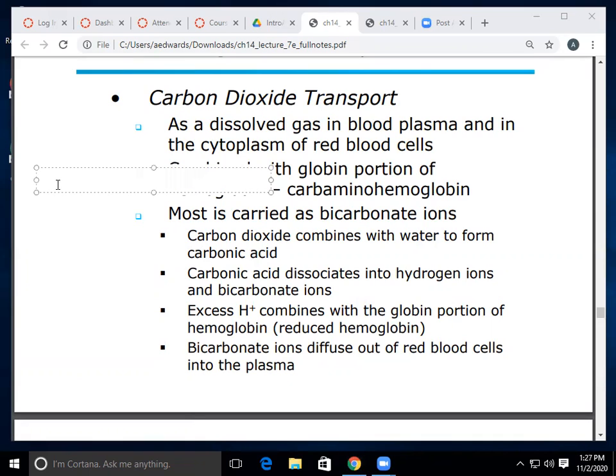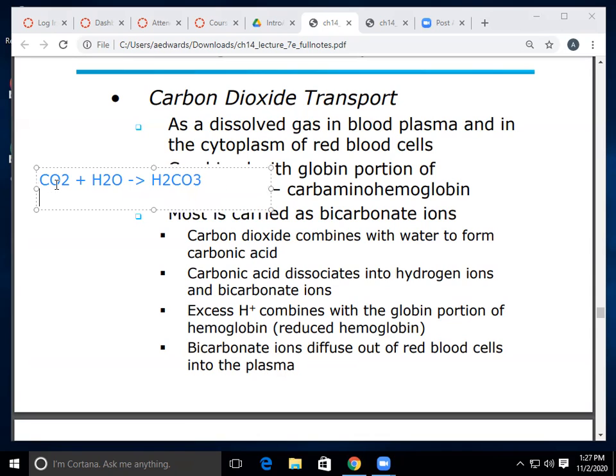So basically what we're going to have is CO2 plus H2O, and again, it's going to give us H2CO3, or carbonic acid. Okay.